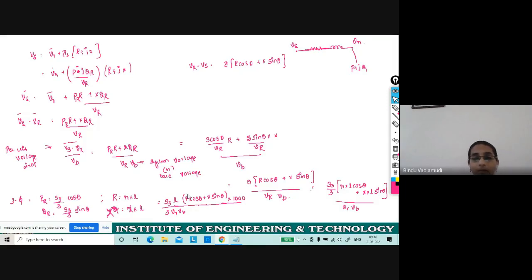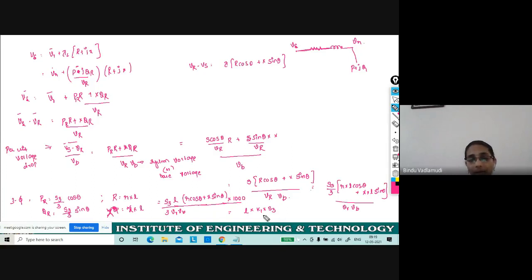So here, I am writing this expression as voltage drop is equal to L into K1 into S3, in simple terms. What is the value of this K1?